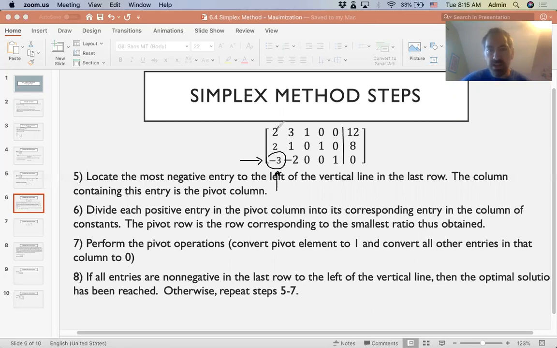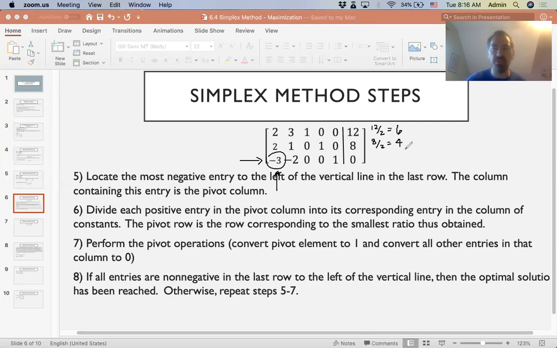So I'm looking at all my entries in the column, and I'm going to divide each positive entry in the pivot column into its corresponding entry in the column of constants. All right, so 12 divided by 2 is 6. 8 divided by 2 is 4. Now, it's not necessary to do the last row, because that's the objective function.